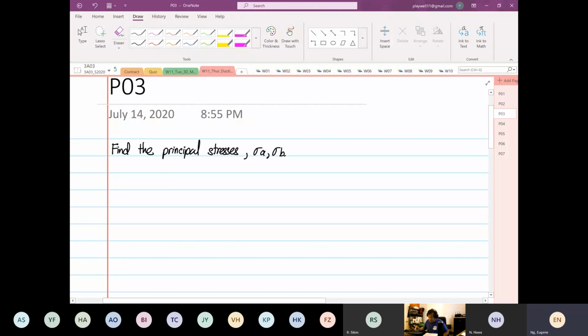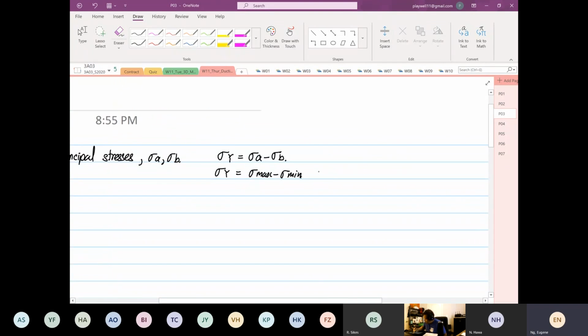So we're going to use a criteria where stress U is equal to stress A minus stress B. This will correspond to stress Y is equal to stress max minus stress min, which is also equivalent to tau max is equal to half of the absolute value of stress max minus stress min. Okay, so we're going to find the principal stress.